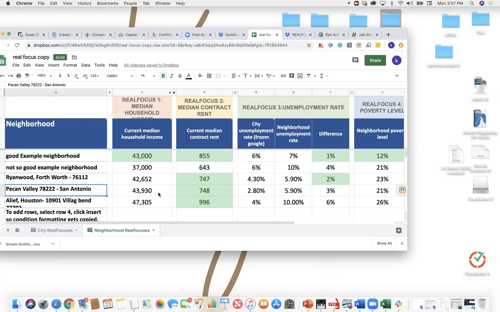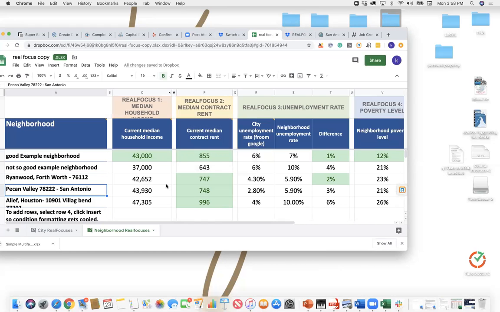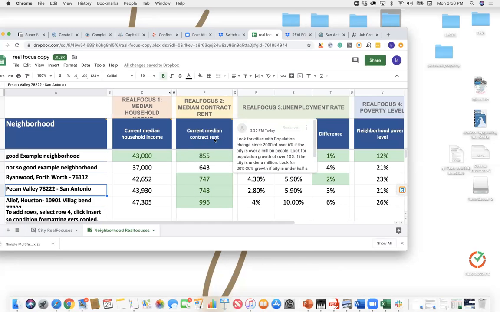We already had that from before, so this is already preloaded in there. It's 43,930, and that's the median household income. And then, what do we want to hit? Under 500,000. Look for seasonal population change, 46%. Current median contract rent.